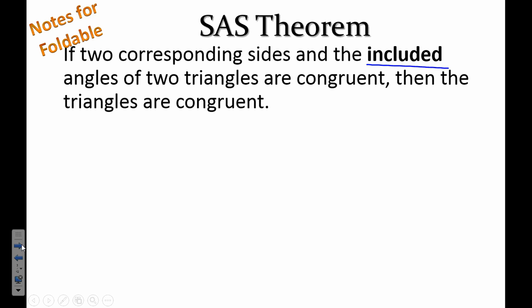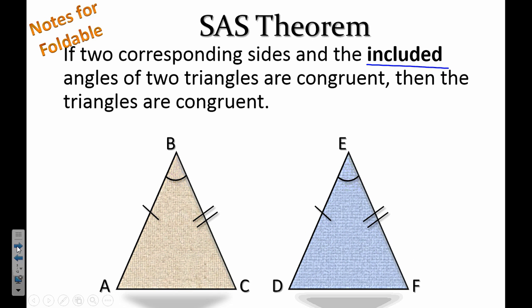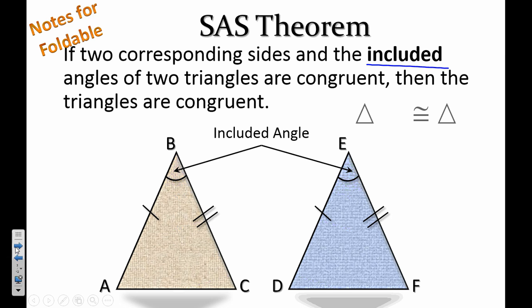Key word here is included. What does included mean? With, right? If someone is included in your group of friends, they're a part of, with, right? In the middle of, okay? So here's what we're talking about with the included angles. Okay? I have a side that's congruent to a side.